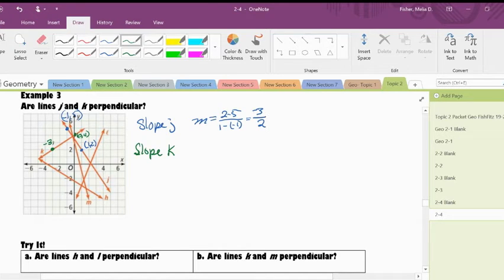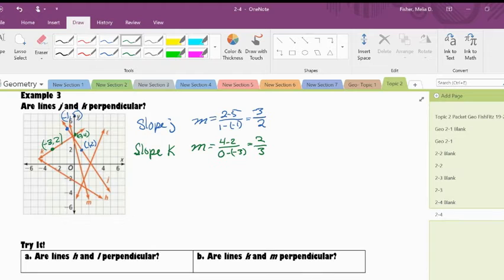There we go. And so for m, the slope of K, it is 4 minus 2 over 0 minus -3. 4 minus 2 is 2, and minus a negative makes it a +3.